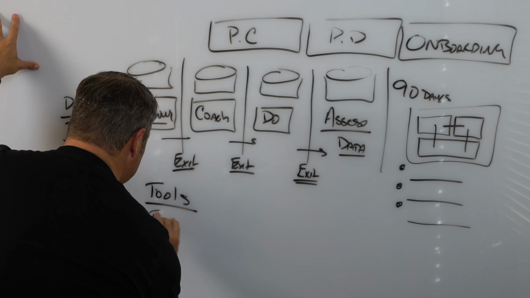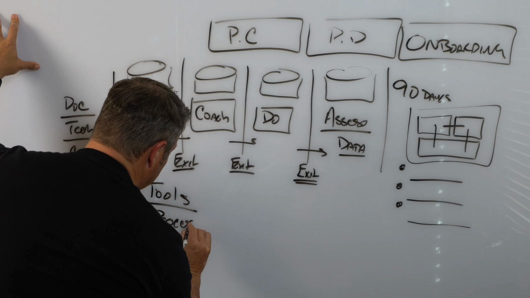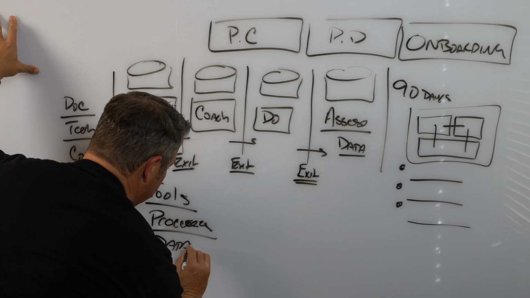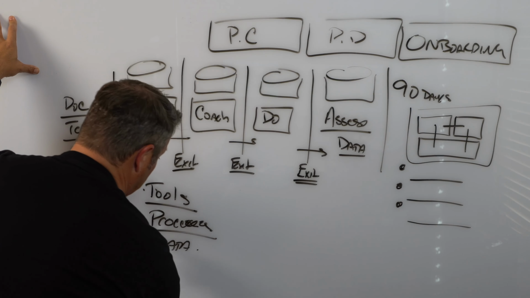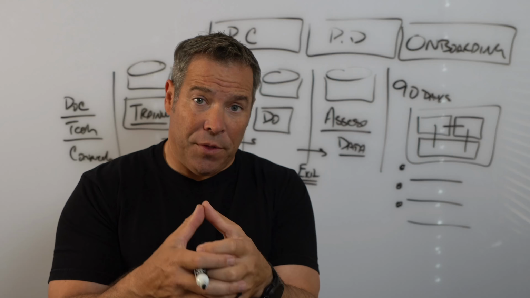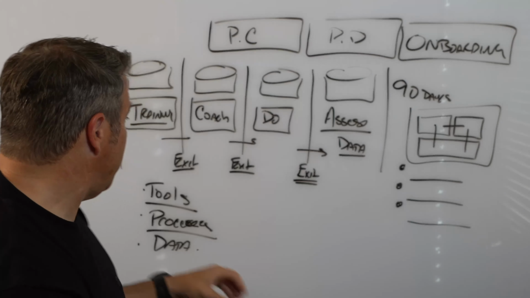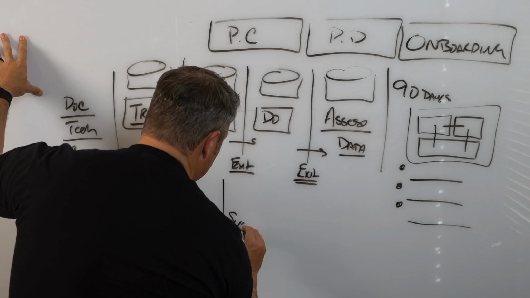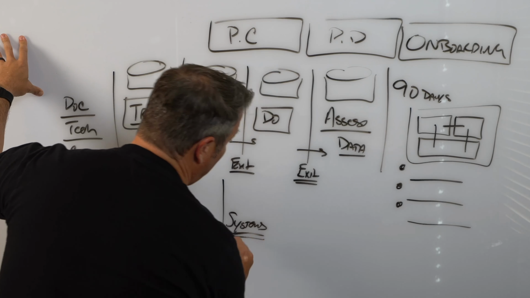What kind of process is necessary for people to be effective? What type of data is important or needed for them to be able to be effective in the work that they're doing? What information is that? Tools, process, data, ultimately creating our systems for effective onboarding.